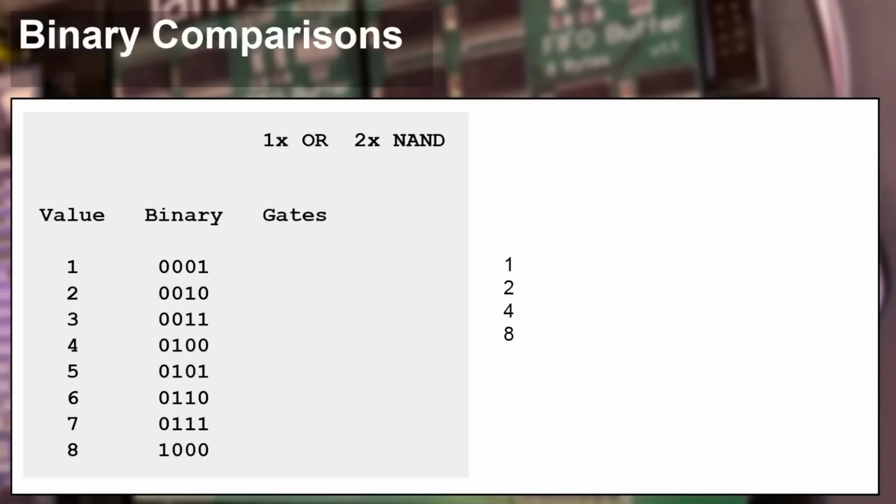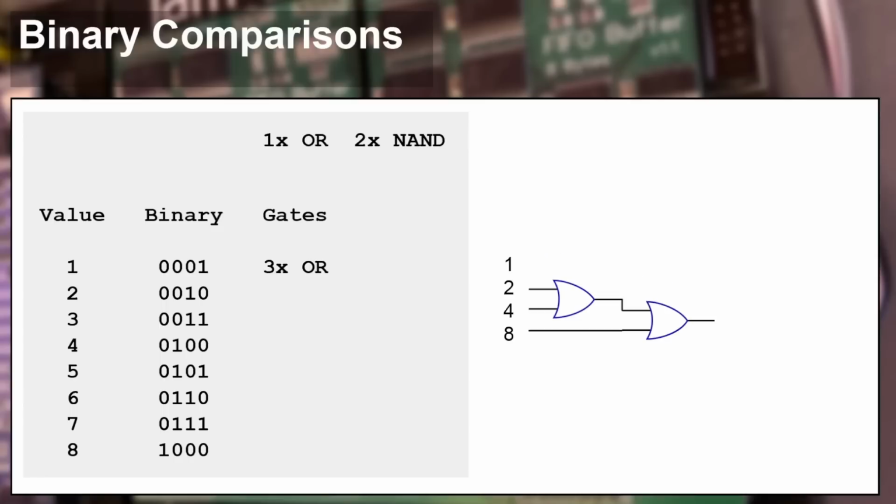So I've spent some time working out what I think is the simplest logic diagram comprising 2 input gates to uniquely do the greater or equal to operation for each of the 8 non-zero values. Greater or equal to 1 would be 3 OR gates. And of course, this is the same as we have implemented in the transmit circuit to detect if there's anything at all in the buffer, which is the same way as saying greater or equal to 1 byte.